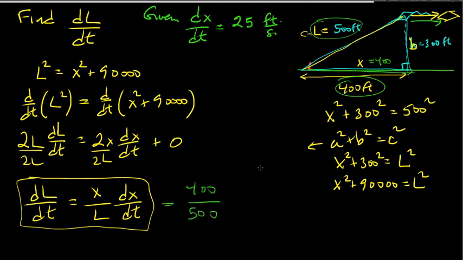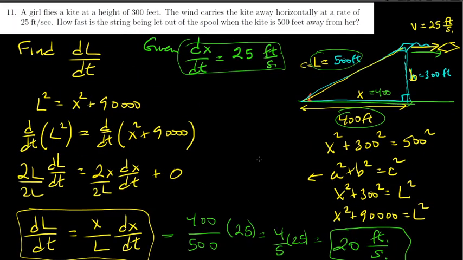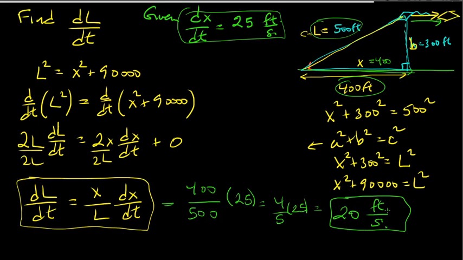And dx over dt was 25. That was given. So we get 4 over 5 times 25, which is 4 times 5, that is 20 feet per second. And that does it for 11. So that's how fast the string is being let out of the spool.